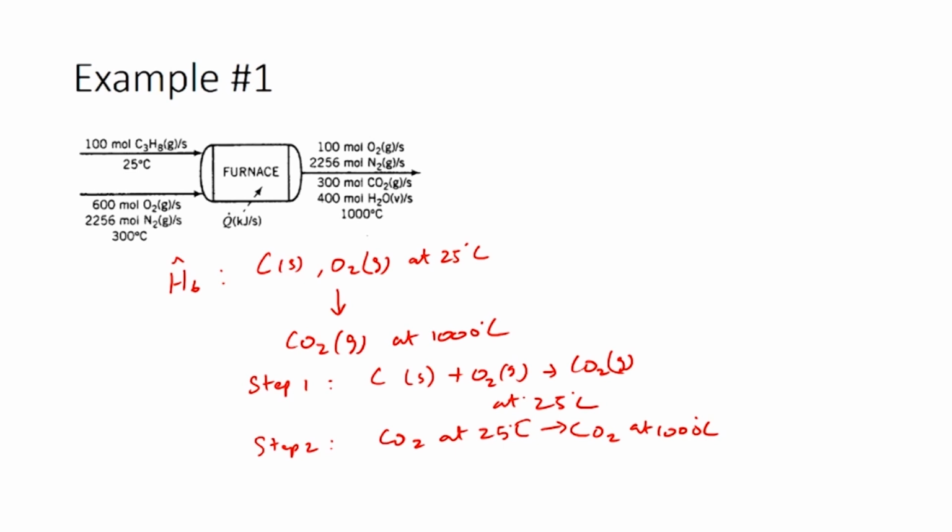So, H6 cap would be equal to delta HF cap for carbon dioxide plus, we will just call it HA cap, where HA cap is nothing but heating of carbon dioxide from 25 to 1000. You can get these values from the tables and you would end up with H6 cap as minus 344.9 kilojoules per mole.